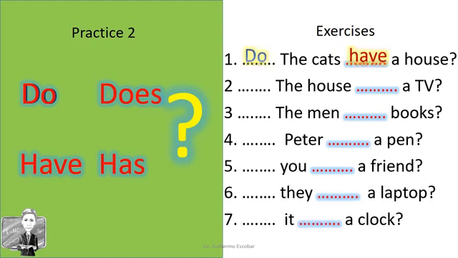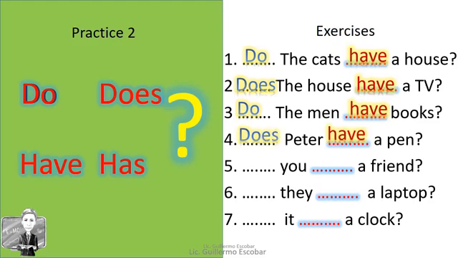Do the cats have a house? 2. Does the house have a TV? 3. Do the men have books? 4. Does Peter have a pen? 5. Do you have a friend? 6. Do they have a laptop? 7. Does it have a clock?